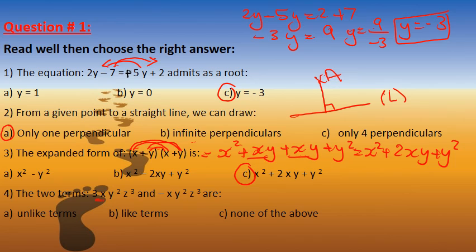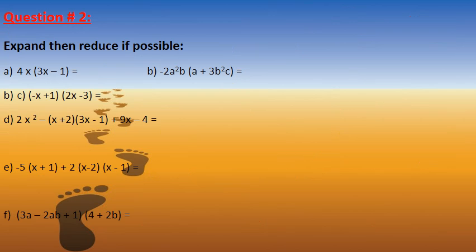Because here we have the variable x, exponent 1, the variable y, exponent 2, variable z, exponent 3. So these are like terms. Like terms should have same variables and same exponents.